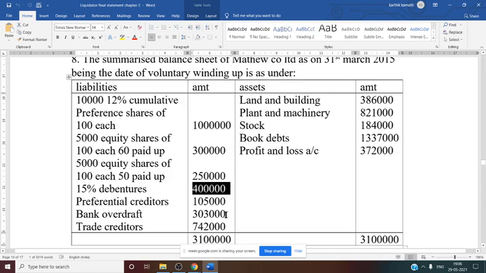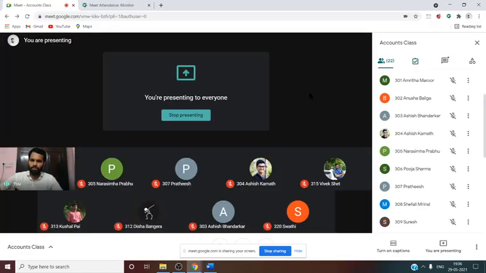Now if you see the adjustment, when does the company close its operation? 31st March 2016. So the balance sheet is given as of 2015, and the company closes its operation in 2016. That means there is 1 year of outstanding interest that you need to pay to the debenture holder.